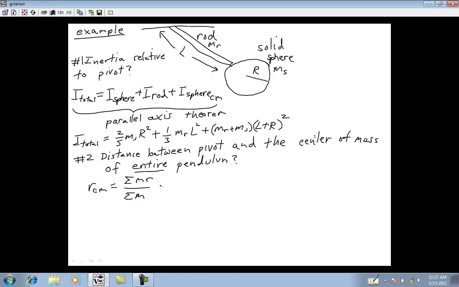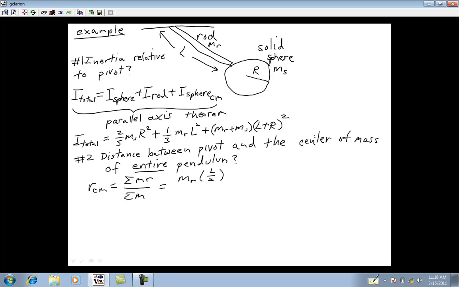So I've got the mass of the rod, m sub r, and for its distance to the pivot point I put L over 2.